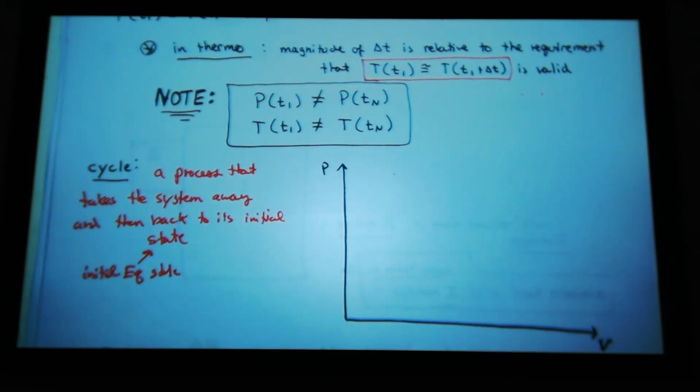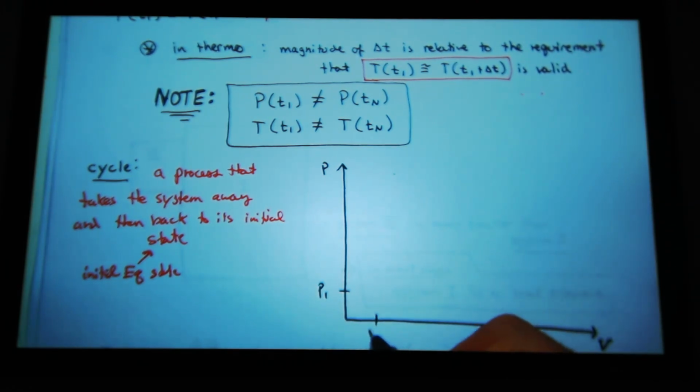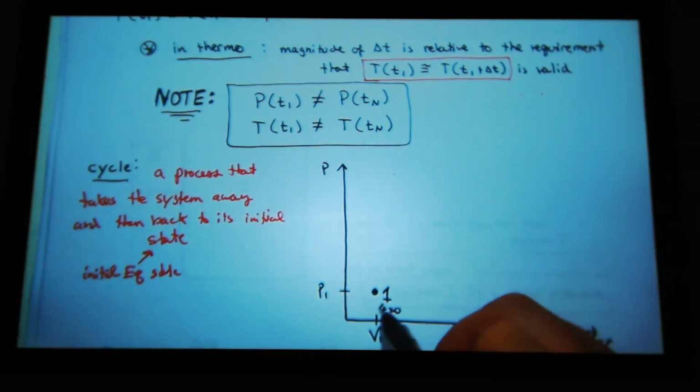So let's draw. Now I'm going to do pressure and volume. I'm going to say P1, and I'm going to have some volume 1. And right here it's at state 1, at t equals 0.